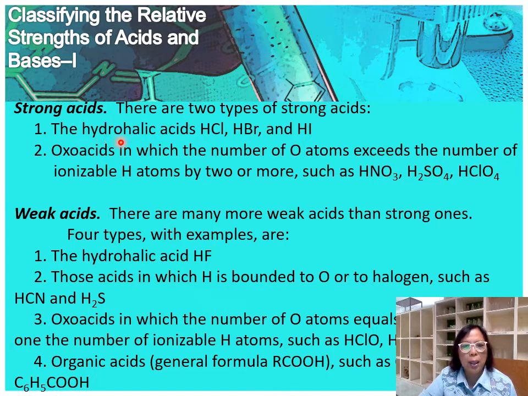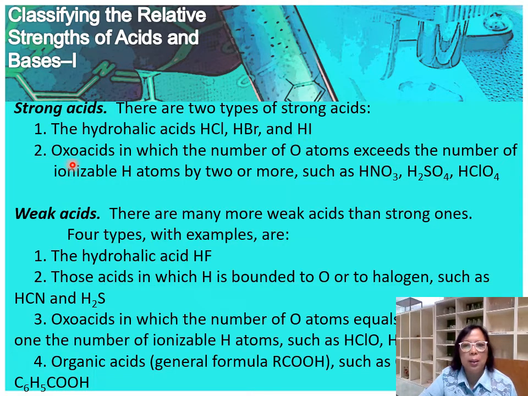That's why it's called hydrohalic. It contains hydrogen and halides. The elements in the halide group are fluorine, chlorine, bromine, and iodine. So these are the hydrohalic acids.